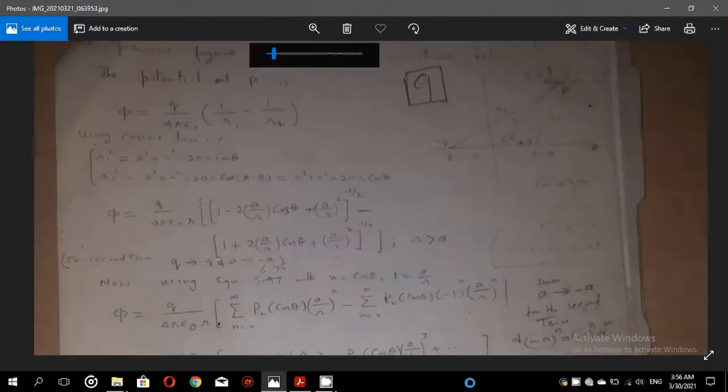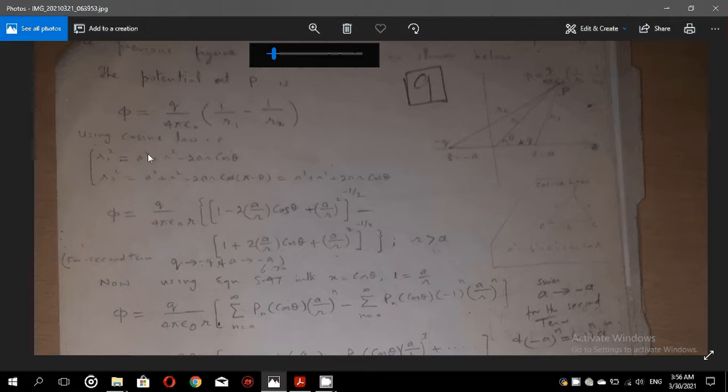Okay, now this is the linear quadrupole, and the total electrostatic potential at a point P distant r from the origin.